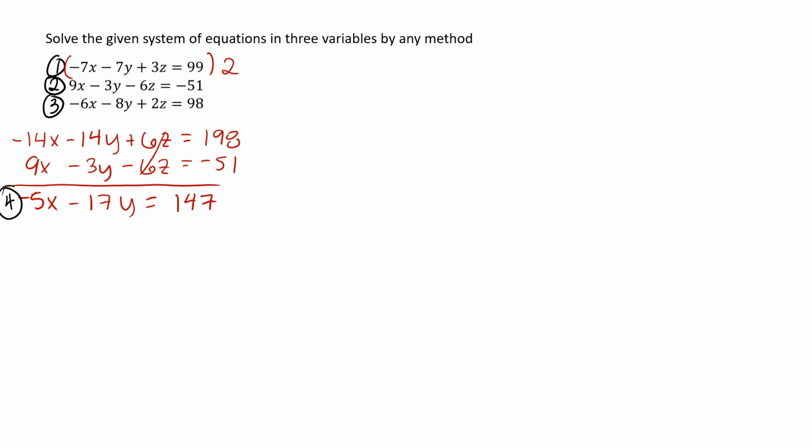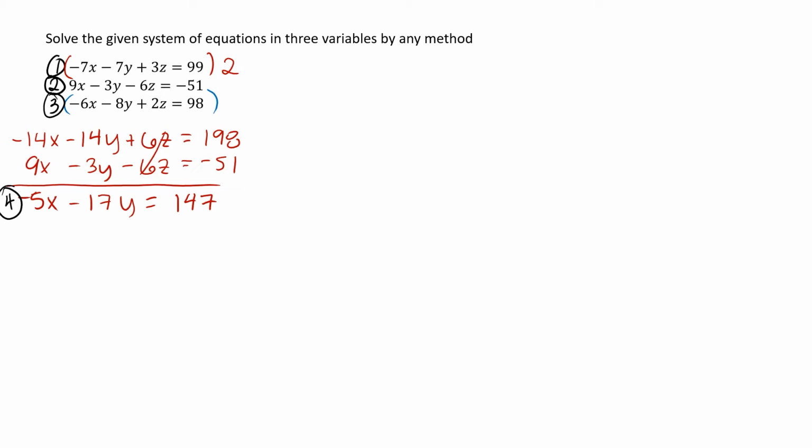I already canceled out between 1 and 2, now I'm going to cancel out between 2 and 3. So I need to figure out what I can multiply 3 by to cancel out my z's. Well, I'm going to multiply it by 3.